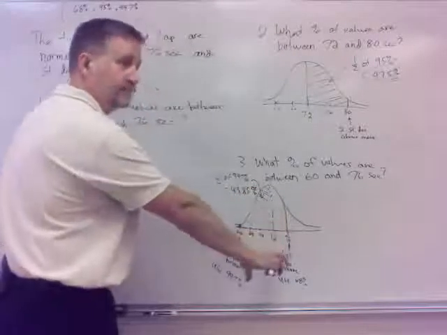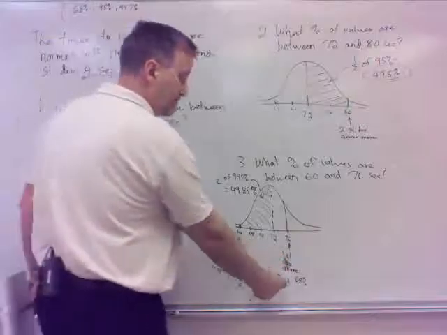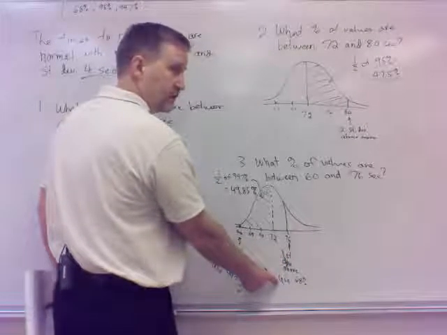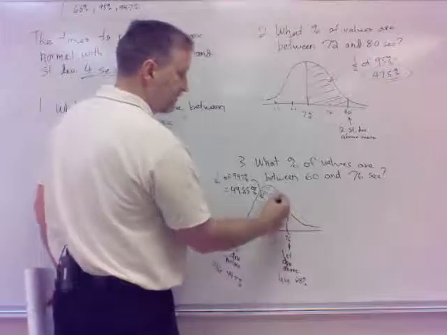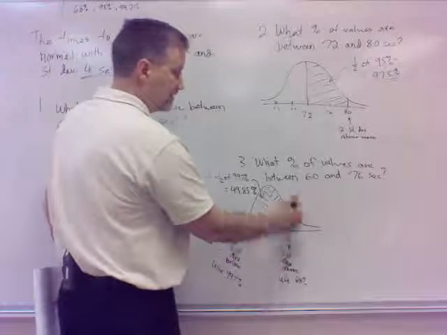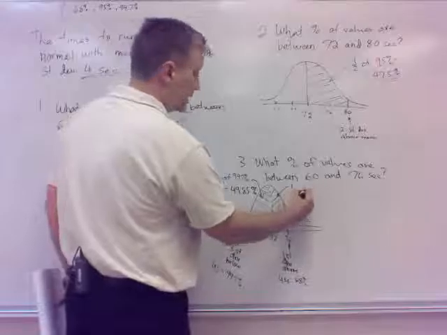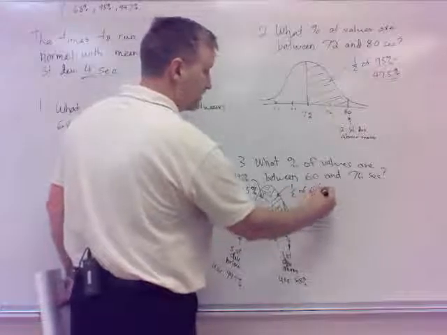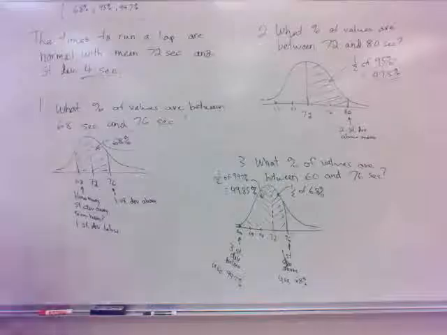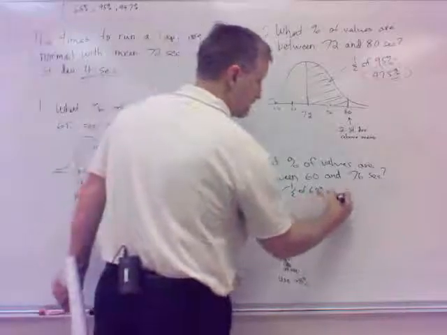Same story on the other side. I'm 1 standard deviation above, so I'm using the 68%. That's what the empirical rule tells me. However, I only want 1 side of it, so I only want half of it again. A lot of times that's going this way. You're using half of those percentages, which is 34%.